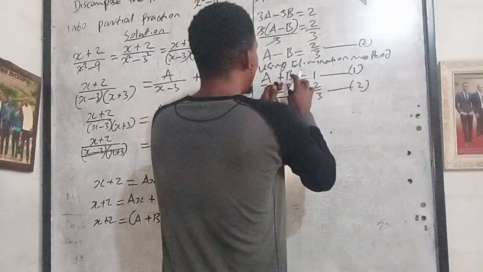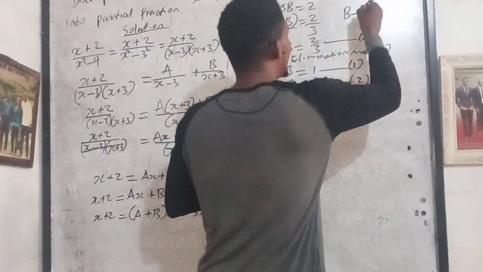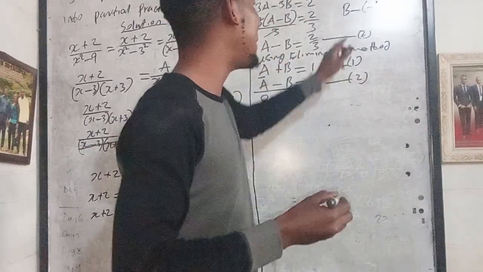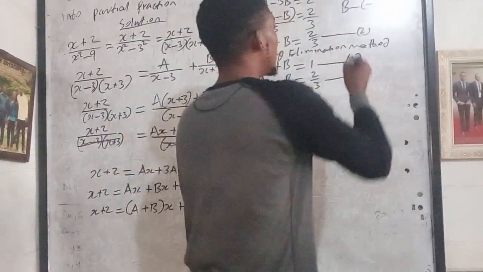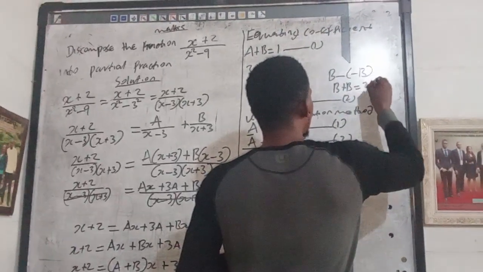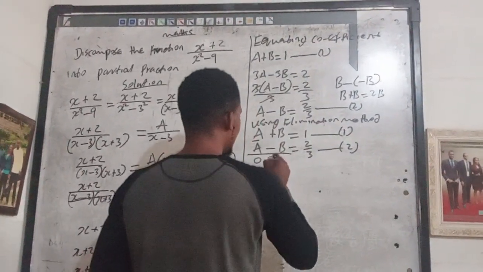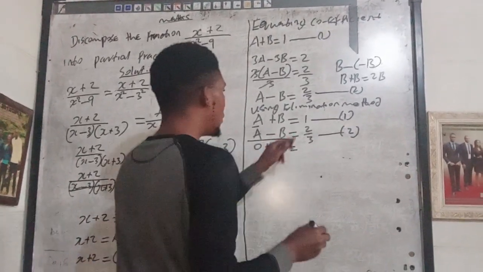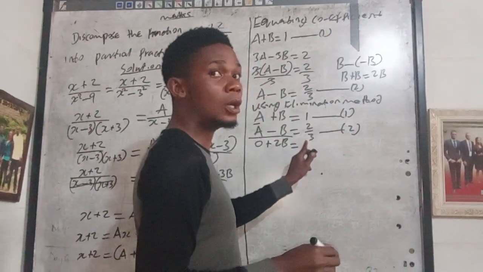Now, b minus minus b will be equal to, remember that minus times minus will give plus. This will give us b plus b, which will give us 2b. And this will now be plus 2b. Now 1 minus 2 all over 3.